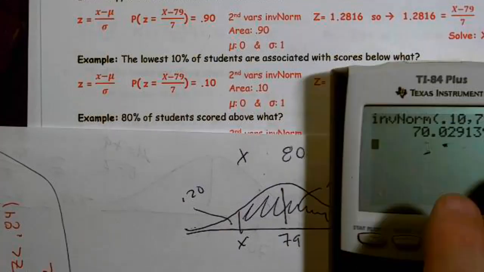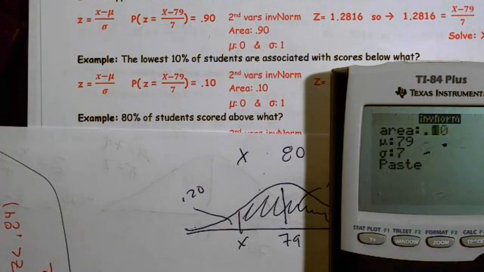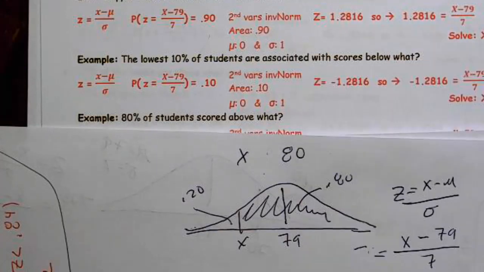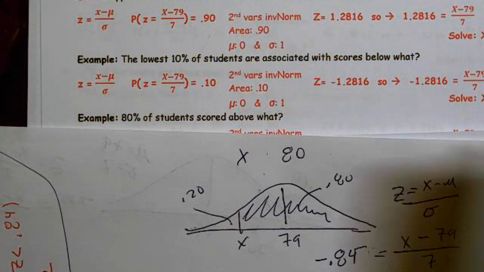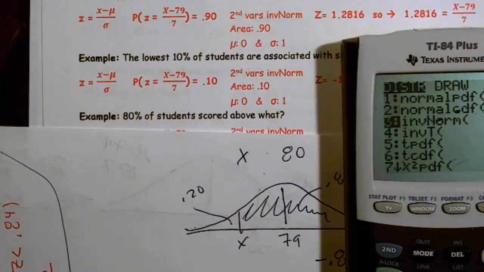So I go second vars, inverse norm, 0.20, mean of 0, standard deviation of 1 because we're working for a z-score, and I get negative 0.84. And again, I should be writing it out to 4 decimal places, but I'm just trying to keep it quick for the video. Then I want to do the actual value in second vars, inverse norm.